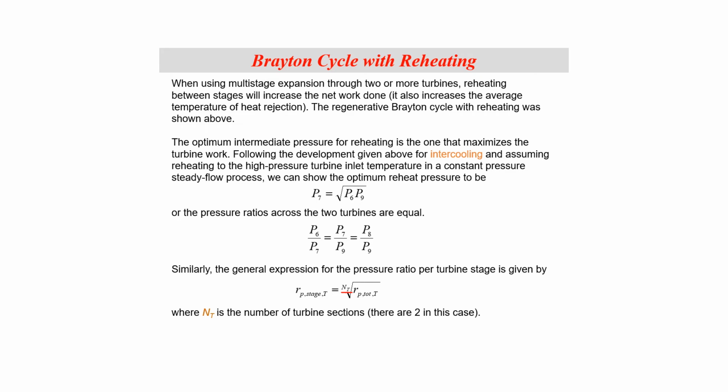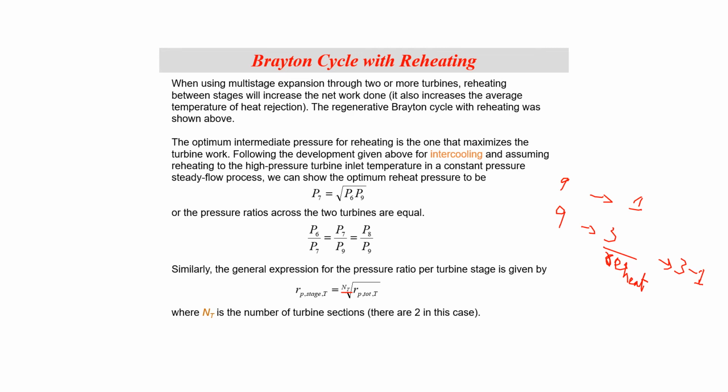For example, you are going from 9 bar to 1 bar with just one reheat. That will be 9 to 3 bar, and then reheat, and then 3 to 1 bar.